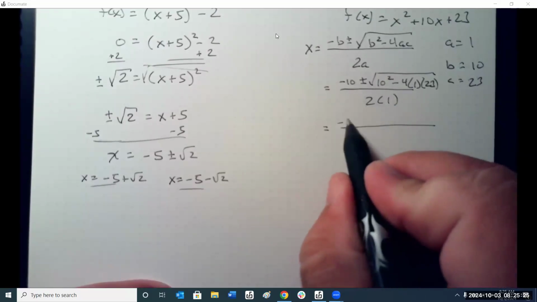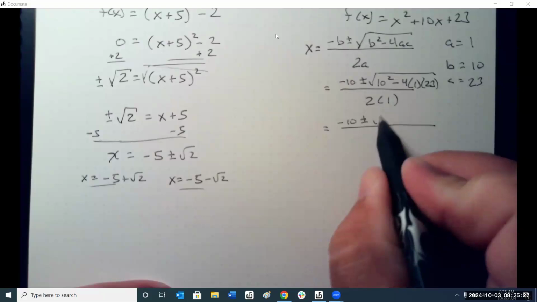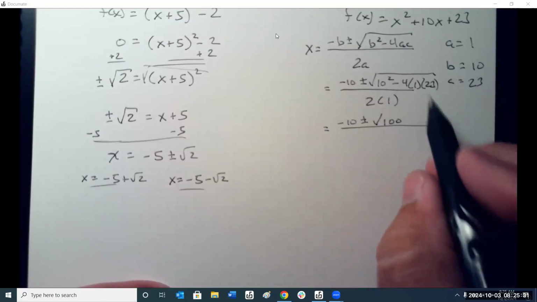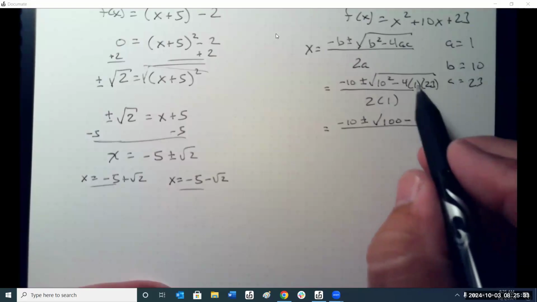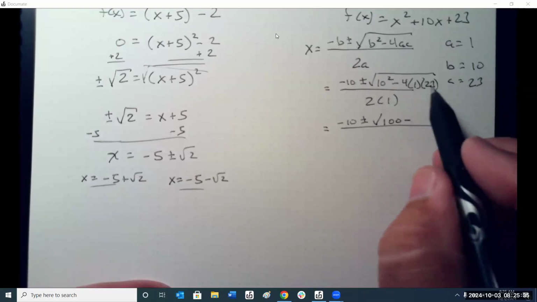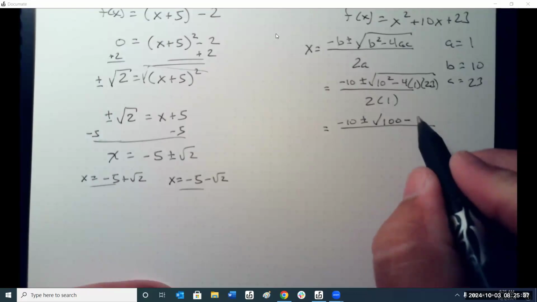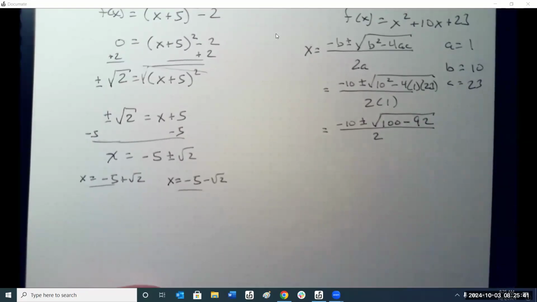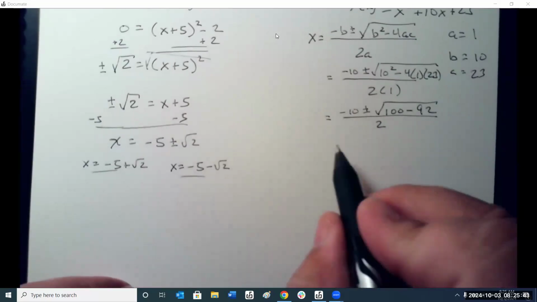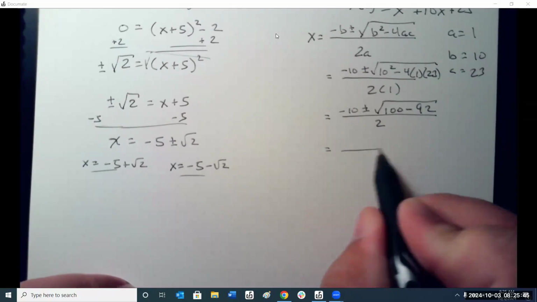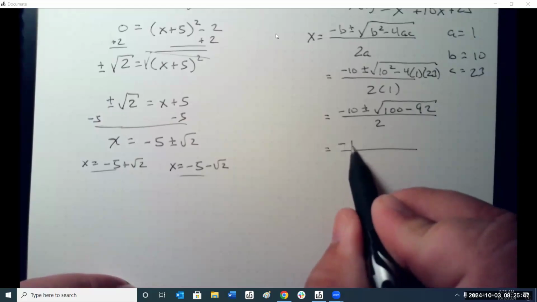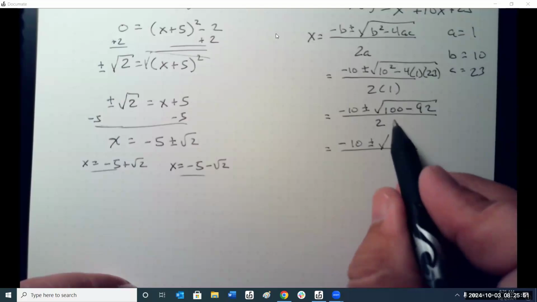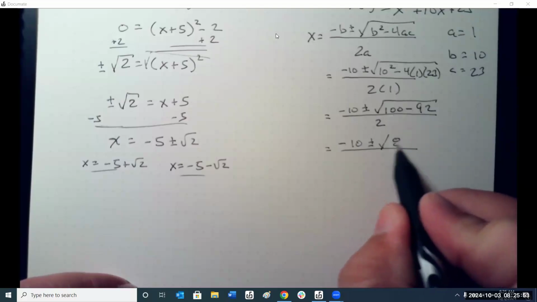So we have -10 on top, plus or minus the square root of 10 times 10 is 100, minus 4 times 1 is 4, 4 times 23 is 92, over 2. So it's -10 plus or minus the square root of 100 minus 92, which is 8.